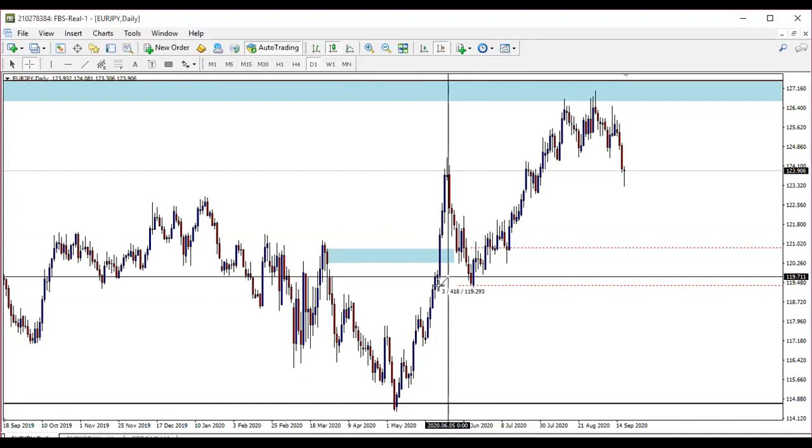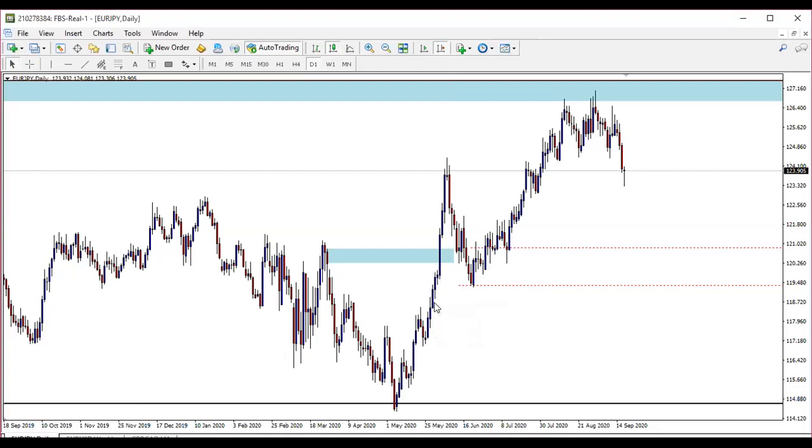So it's just 48. So if this is 100 pips and this is 48, then it means the body is 50% of the entire range. So this whole thing is one base, and that was reacting to it.